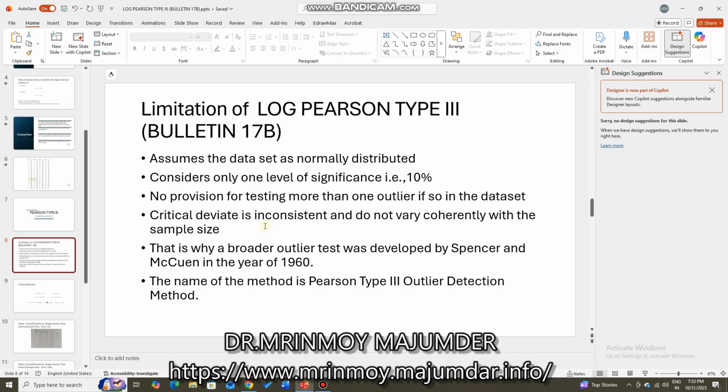But this is not the case for the log Pearson type 3 outlier detection method, the table that is used to identify the critical deviate. So that does not increase the accuracy of outliers detected by this method.